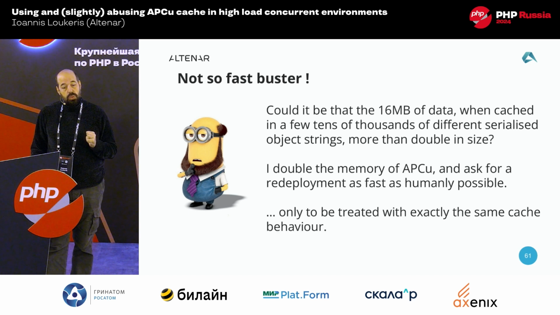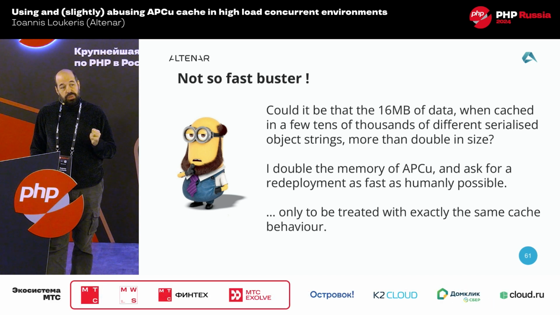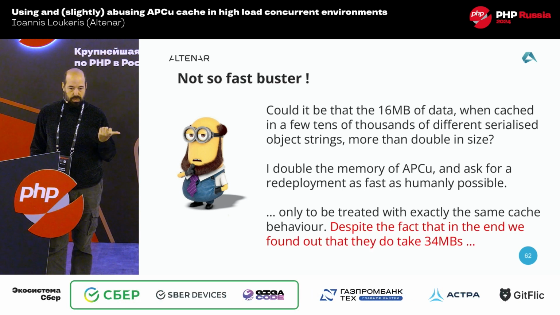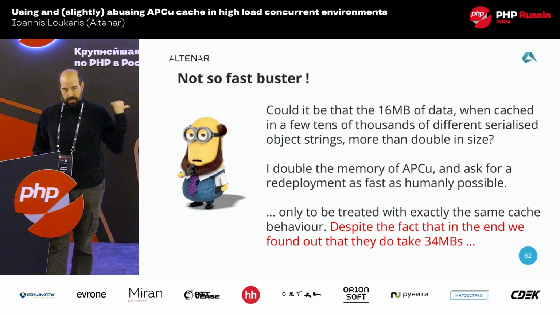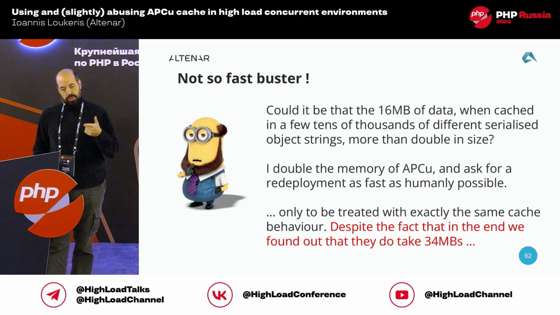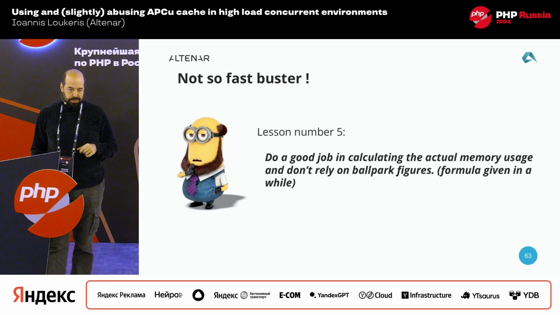So, nothing changes. Despite the fact that in the end, after we resolved everything, we found that they actually do go up to 34 megabytes. So if it was not that problem that we are going to solve momentarily, it would still not work because we would still have more memory required.